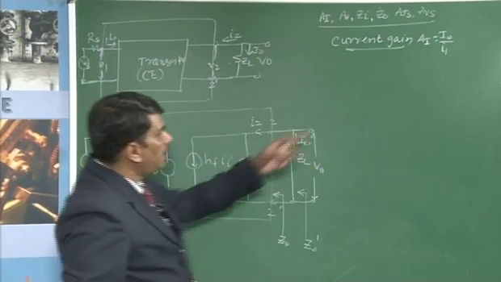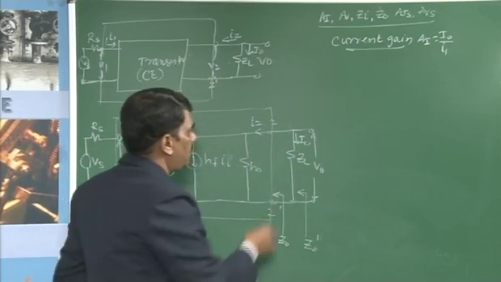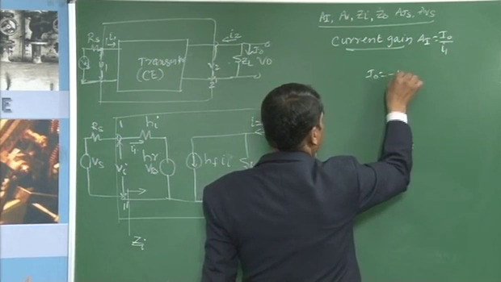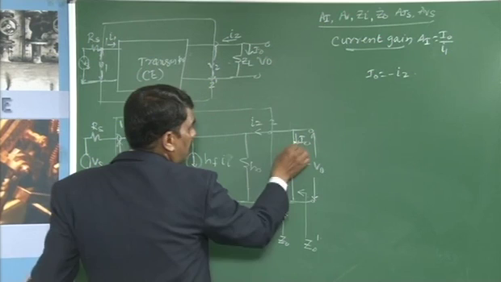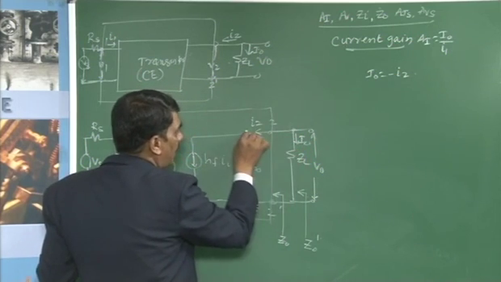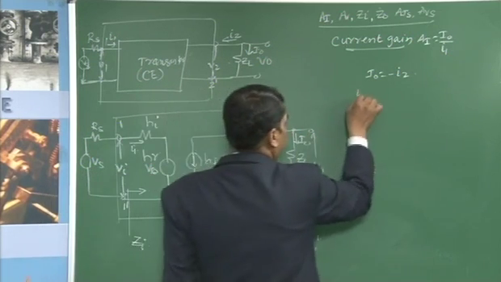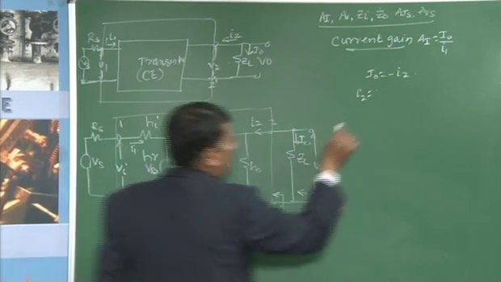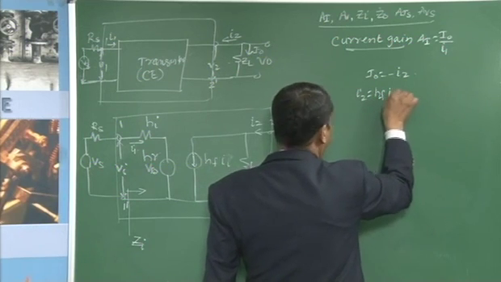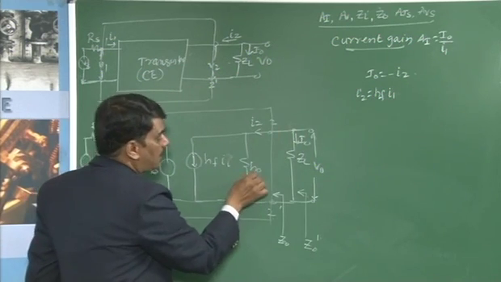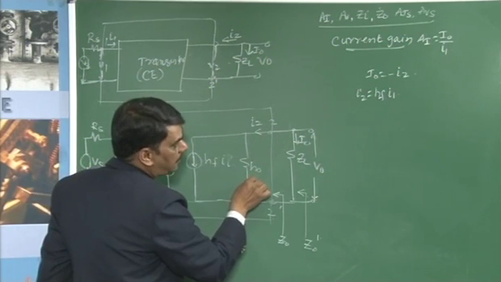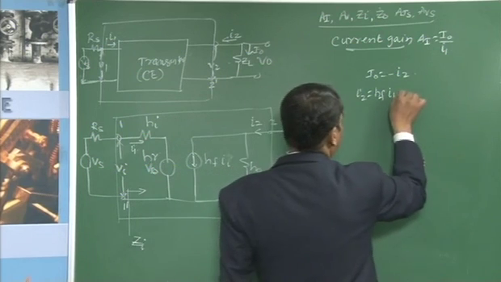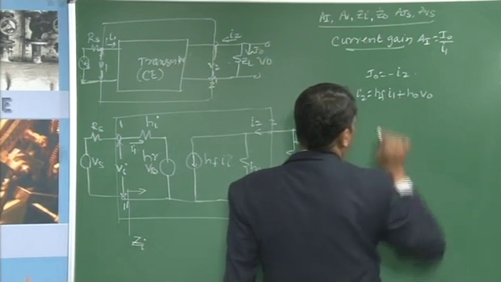You need to find the relation I0 by I1, so first find I0. I0 is equal to minus I2, because these two currents are leaving from this node, where I2 is equal to the sum of the currents. The current flowing through this is given by Hf I1, and H0 is the conductance. We know that the voltage across this conductance is V0, so the current flowing through it is H0 times V0.